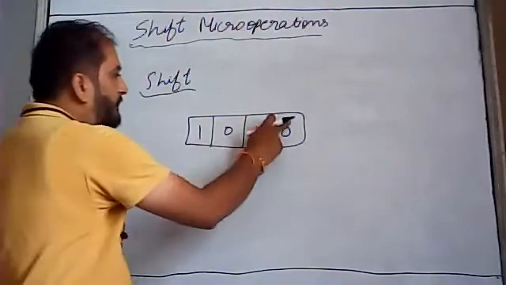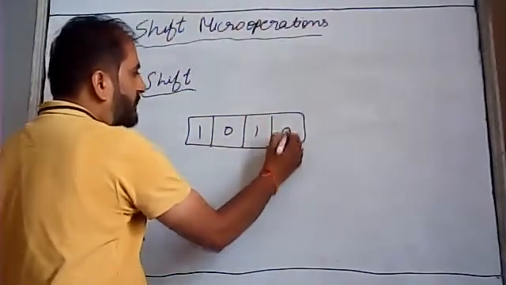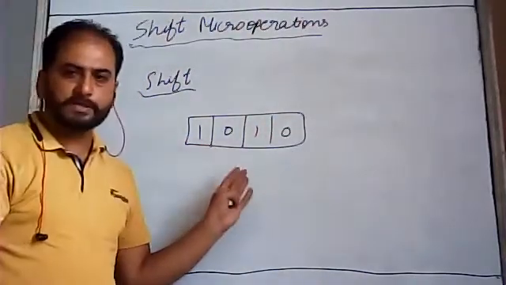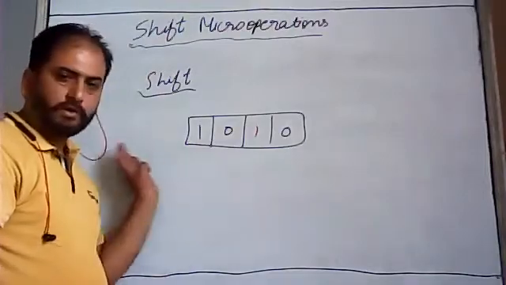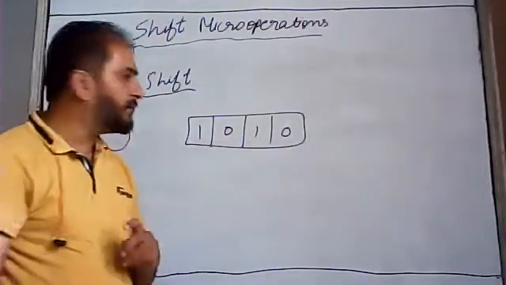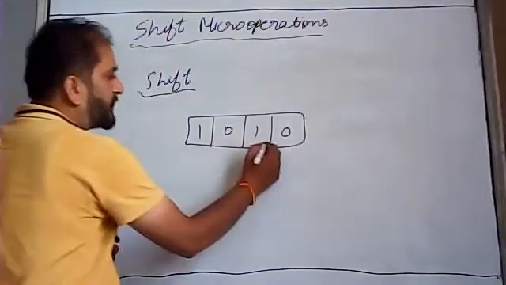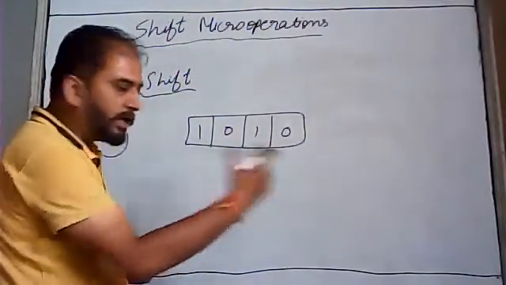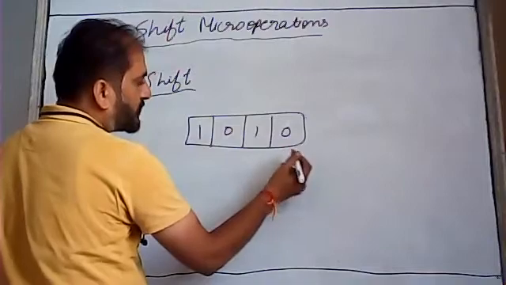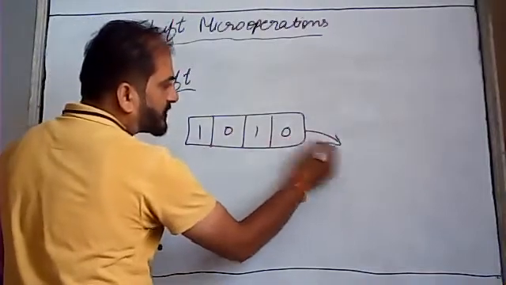So if we want to shift these bits, we can shift them either to the left or to the right by one bit. Suppose we shift to the right, so this bit will go out from the register.